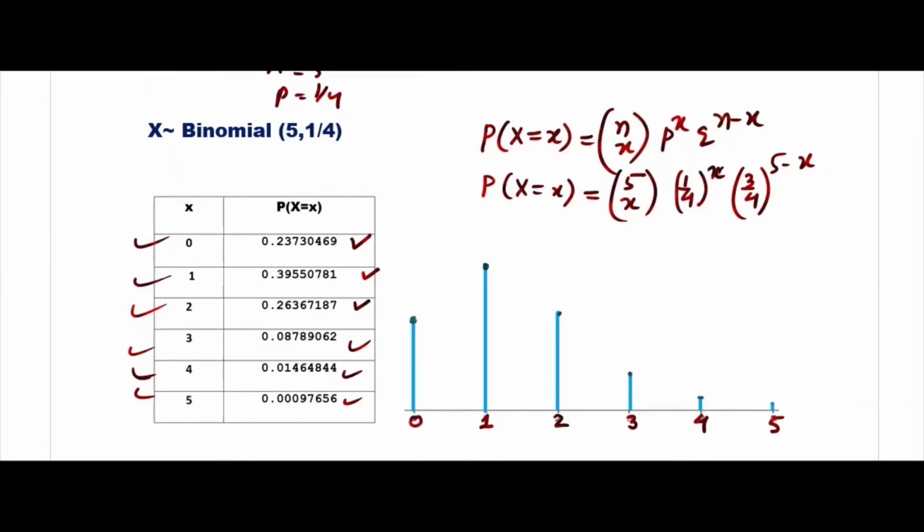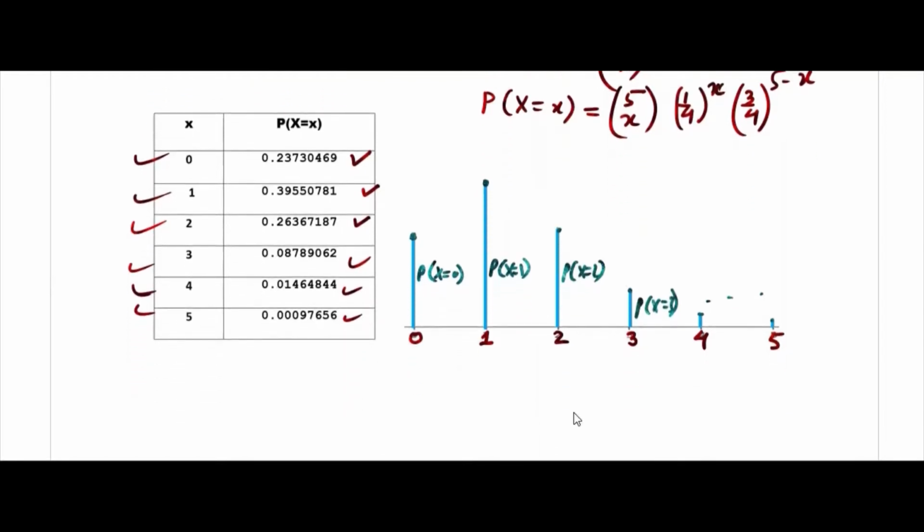Okay, so you will have gaps in a discrete probability distribution. I can write P(x = 0) here, P(x = 1), P(x = 2), P(x = 3). That way you can write 4 and 5. If you want, you can find P(x > 1), P(x < 4).